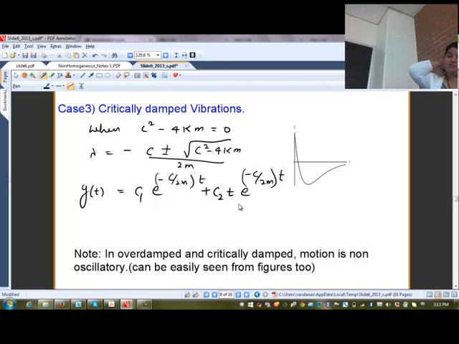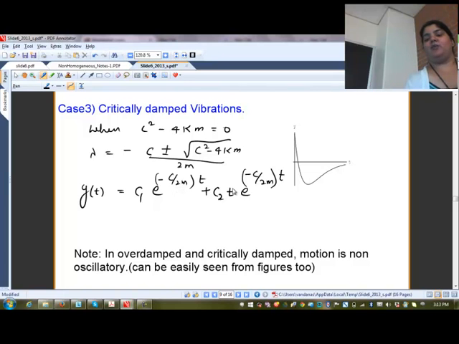Depending on your initial velocity and initial displacement, you will get these c1, c2. So this is decreasing very fast when time is small, because both these terms are causing a decay here.